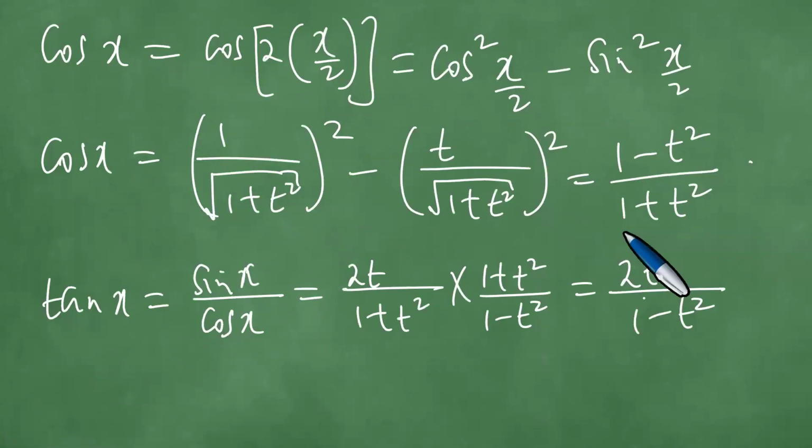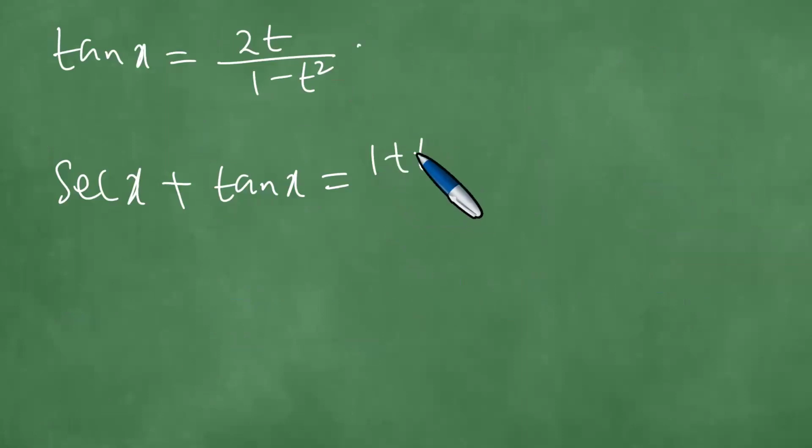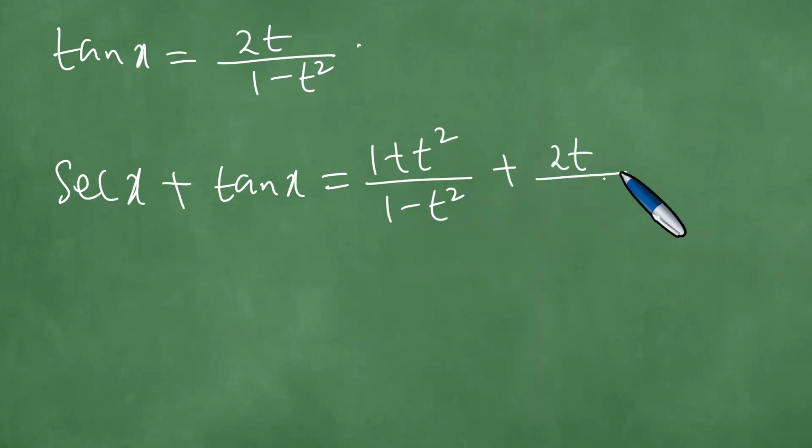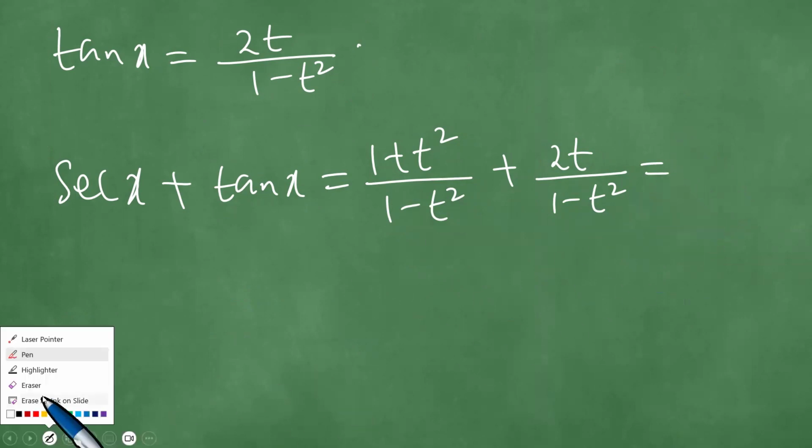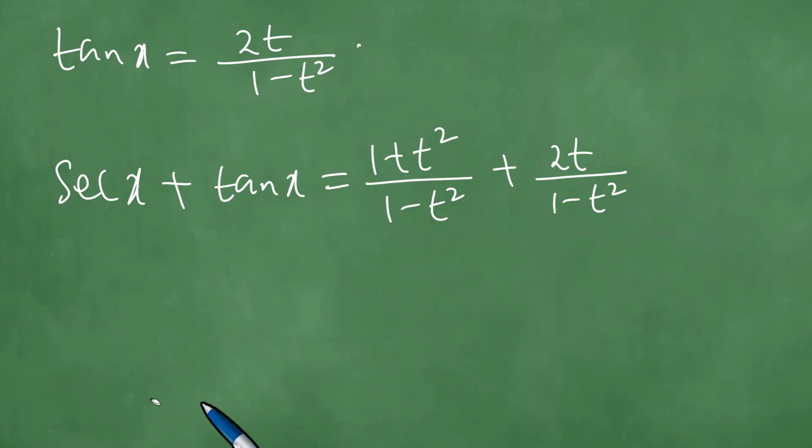The secant is the reciprocal of this, which is 1 plus t squared over 1 minus t squared, plus the tangent, which is 2t divided by 1 minus t squared. Adding the top and bottom, let's write everything at the bottom.